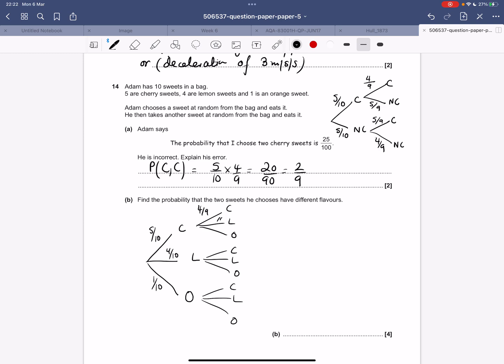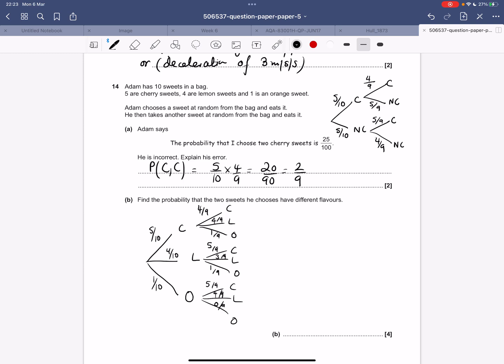These ones are always out of 9. Okay. Out of 9, so the lemon is still 4 there, and the orange is still 1. The cherry is 5 there. The lemon's gone down to 3, and the orange is still 1. This one's still 5, that one's still 4, and that one's no, you can't get orange and orange.